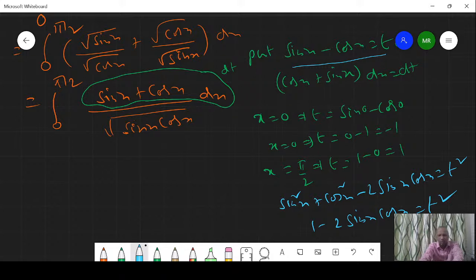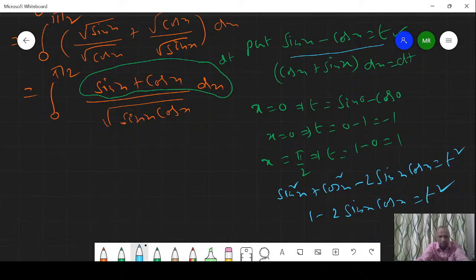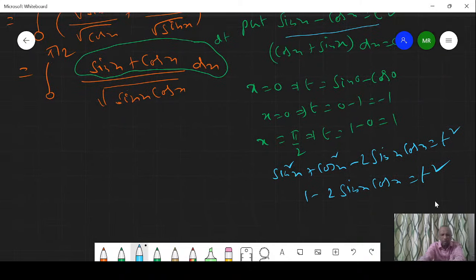Now if you want the sin x cos x value, from this I can write sin x cos x equal to 1 minus t square by 2.